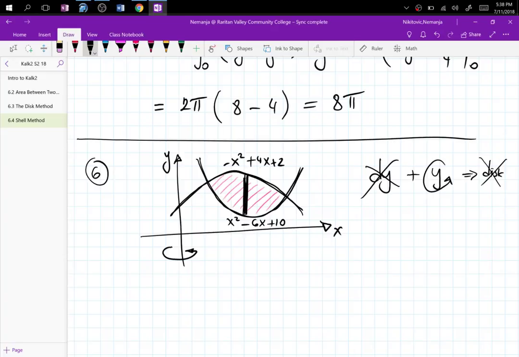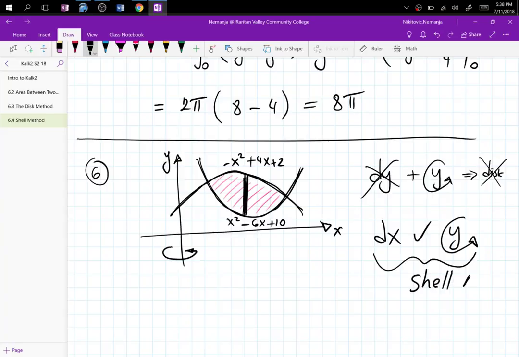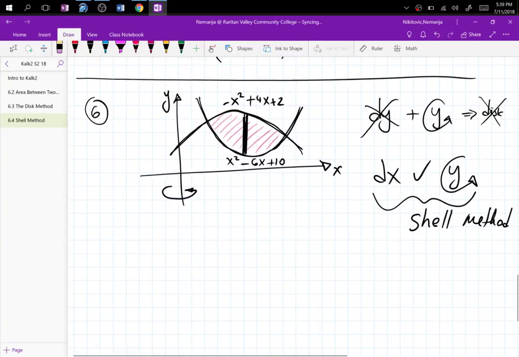Now, delta x is okay, but there is also rotation on y. Those two things spell shell method. Because the shell method has this and this variable not matching. So the cut is parallel to the axis of rotation, therefore shell method.